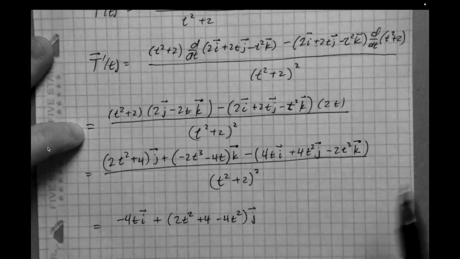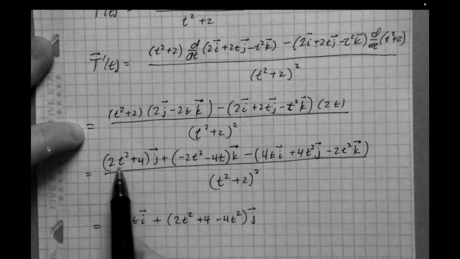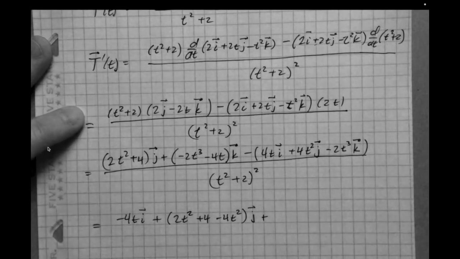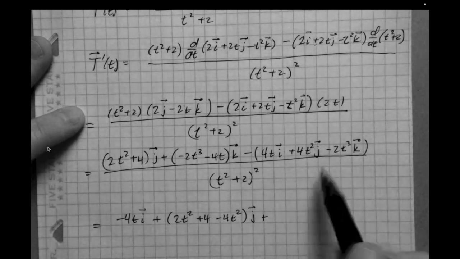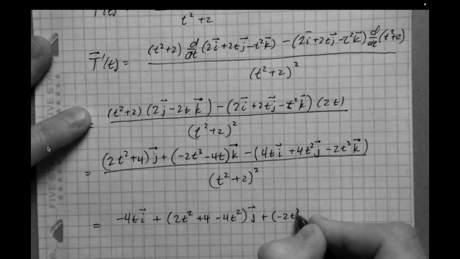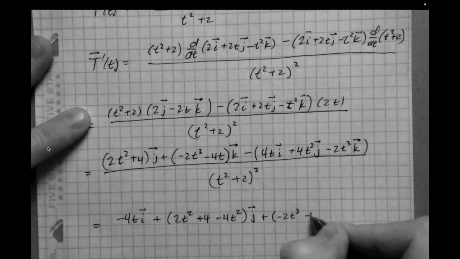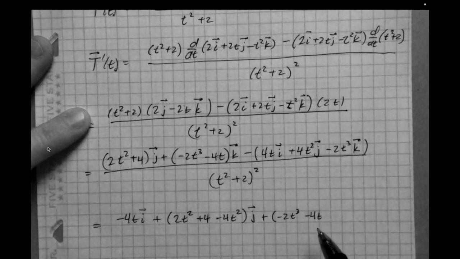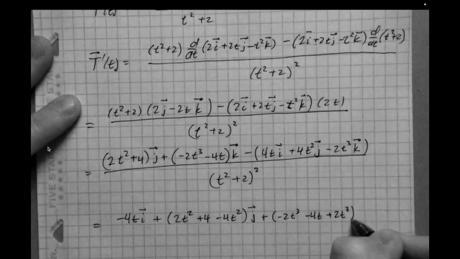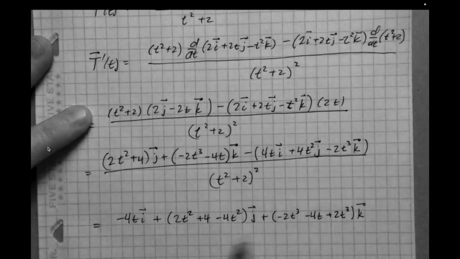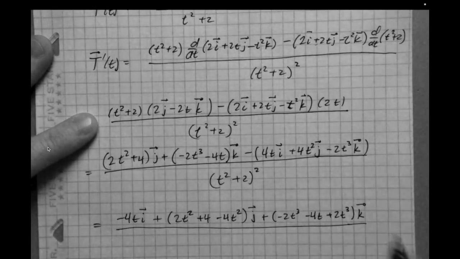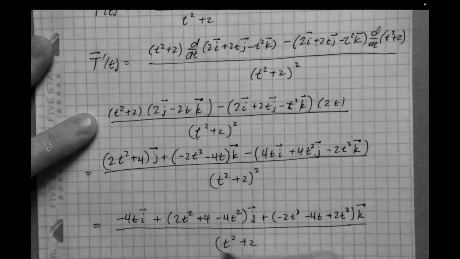That's the j's. So you've got these two here and then that one. And then it's going to be plus negative 2t cubed, so this guy here, minus 4t, and plus 2t cubed. And that's all k. Okay, so very good. So we've got everything organized now, and then of course t squared plus 2 quantity squared on the bottom.